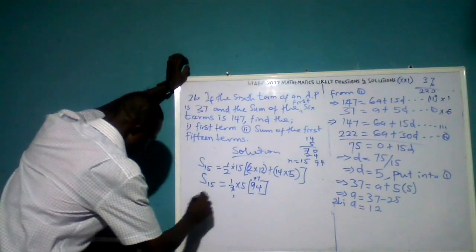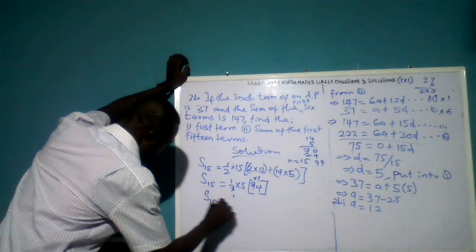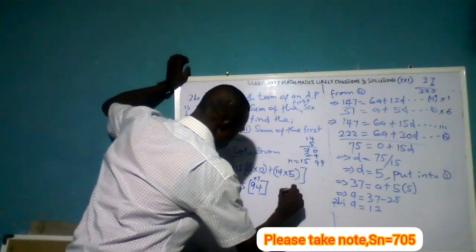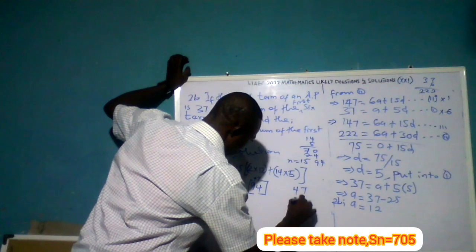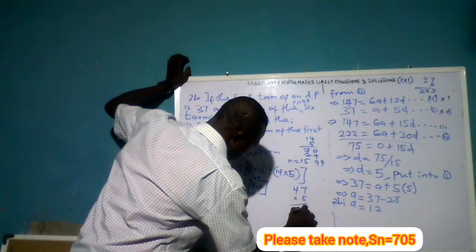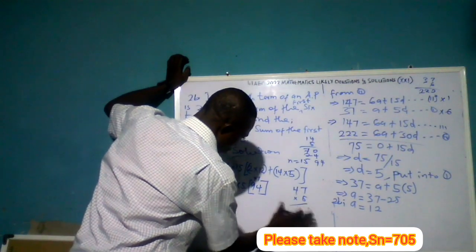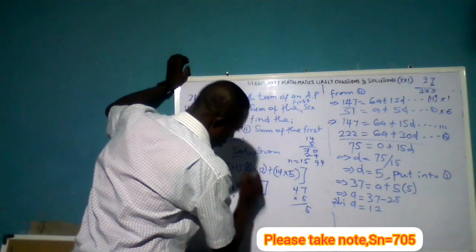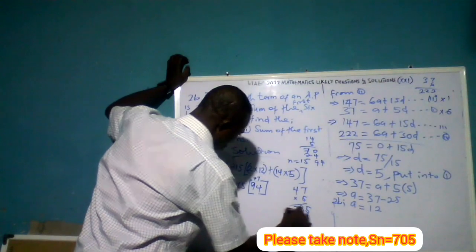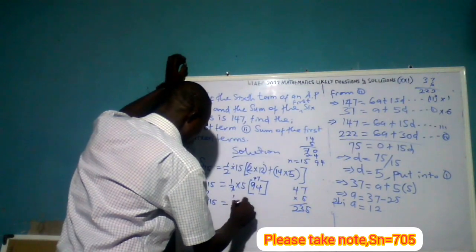So that your S15 will be equal to 47 multiplied by 5. That will give you 235.